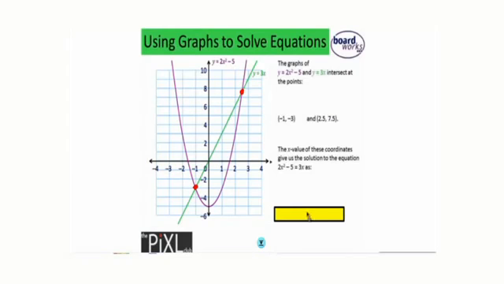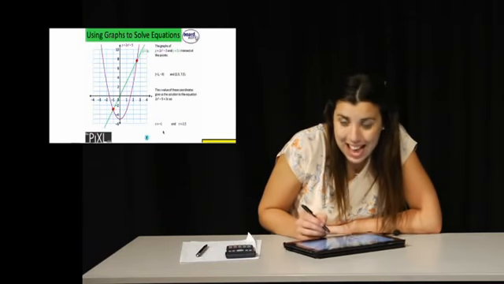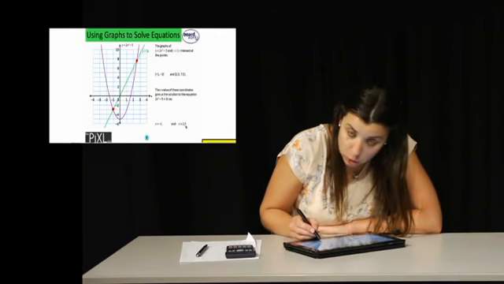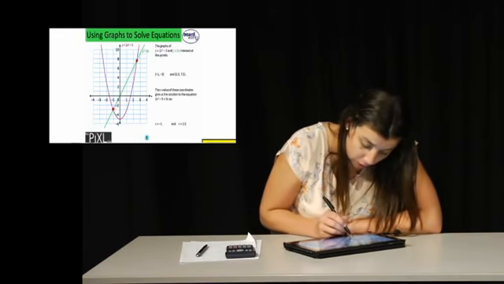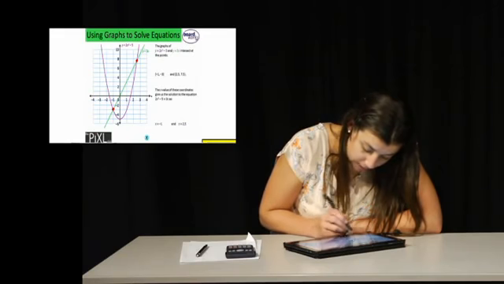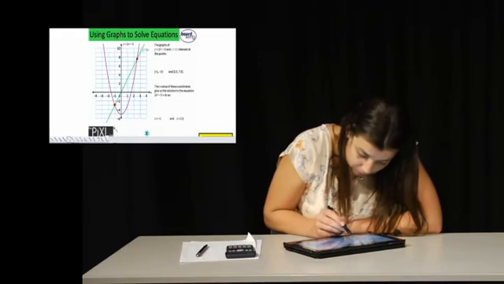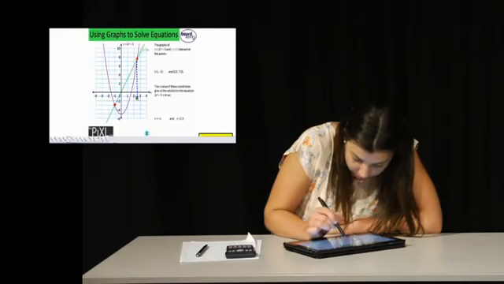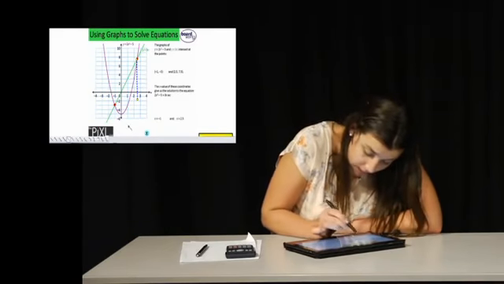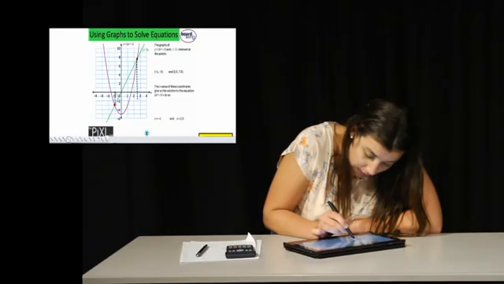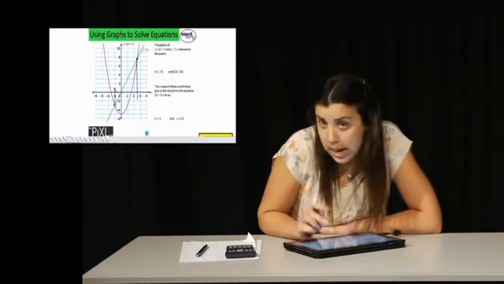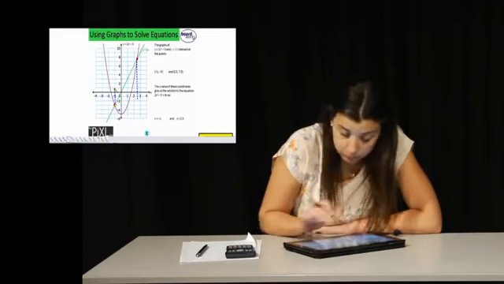So when it says solve this graph, what we're looking at is x equaling -1 and x equaling 2.5. So if we draw lines from these, you can see clearly our x values. So on this side, we have x here being 2.5, which is a solution, and our second solution here is x equaling -1. A quadratic graph always has two solutions.